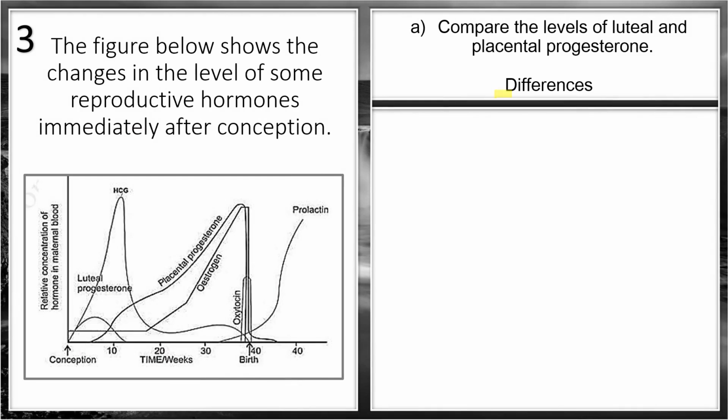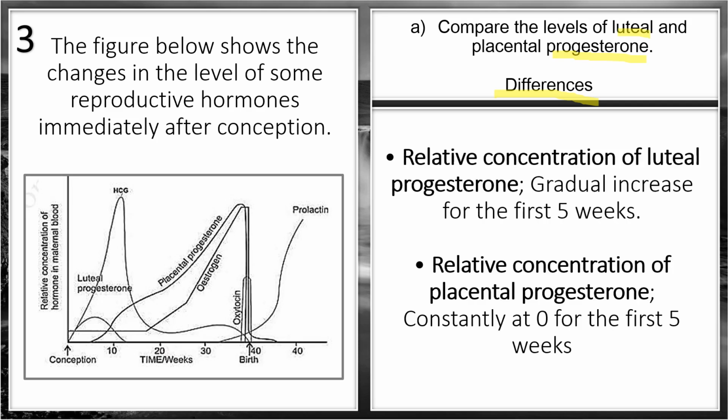Now let us look at the differences. Let's compare the differences between lutein and placental progesterone. The relative concentration of lutein progesterone gradually increases for the first 5 weeks.